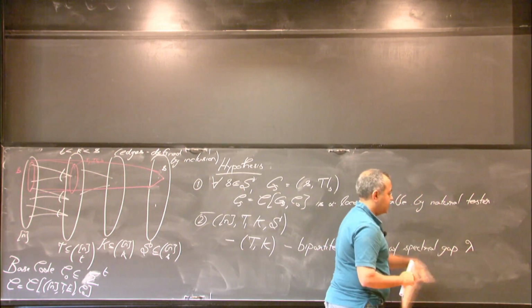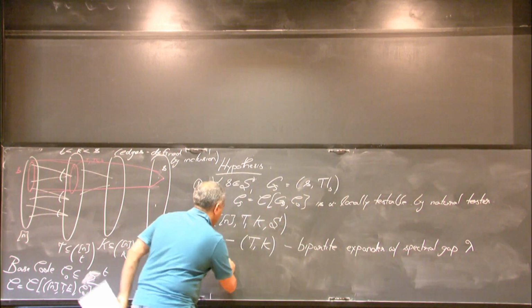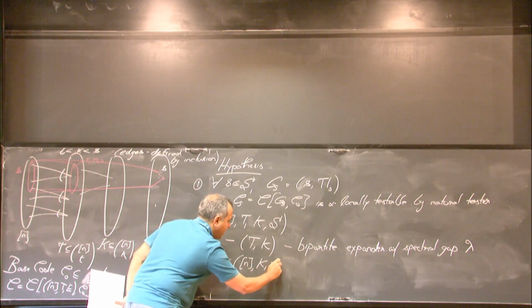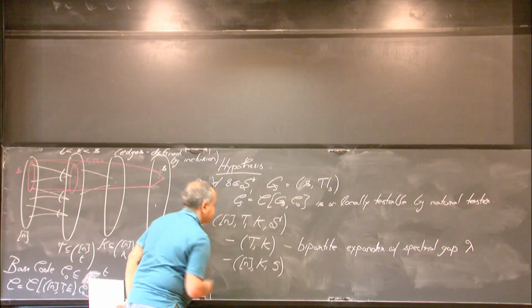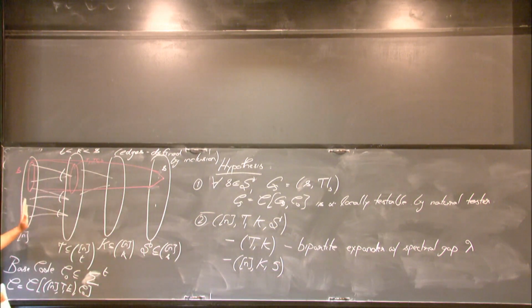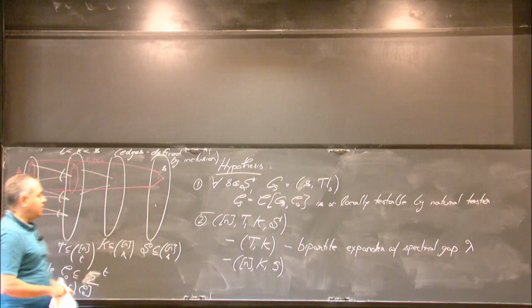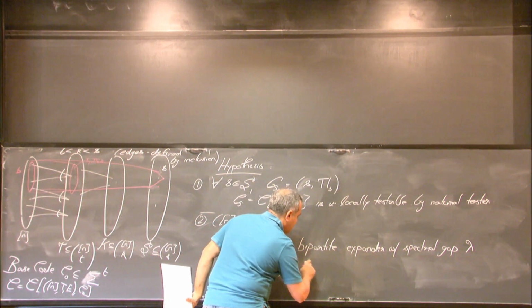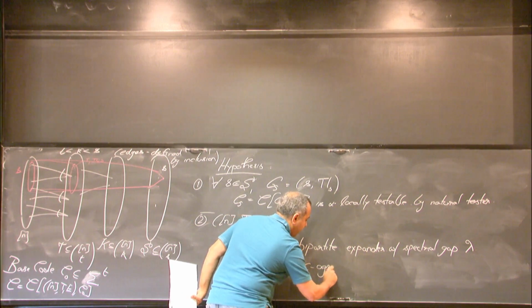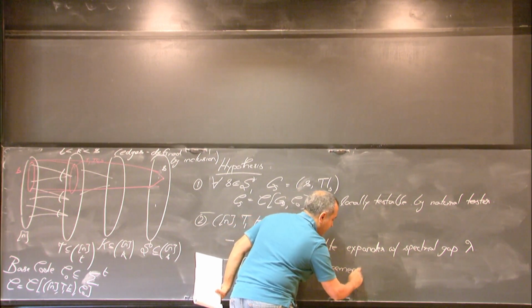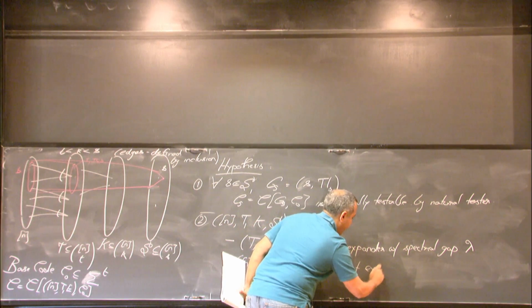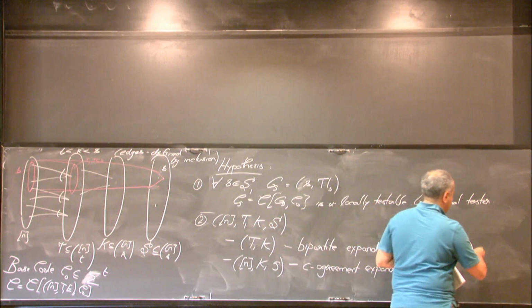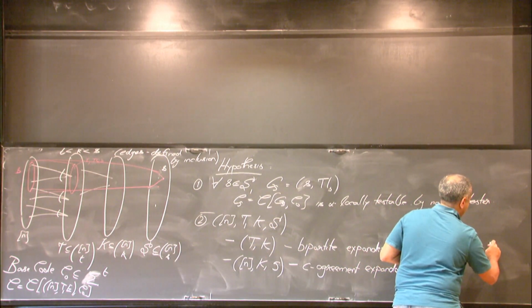We'll need some requirements on lambda; I'll come to that shortly. And then you look at the graph N, K, and S, that is this layer, this layer, and this layer. This should be what I will call a C agreement expander. I'll define this shortly.